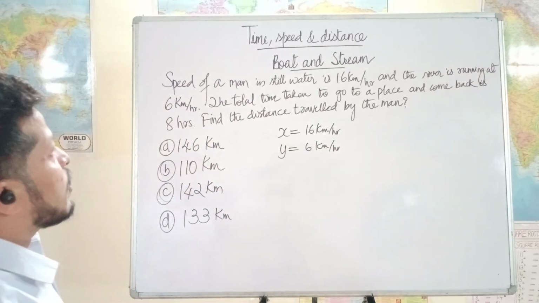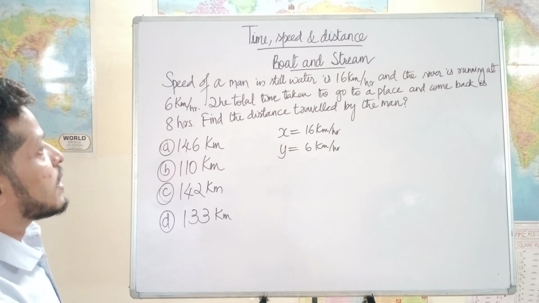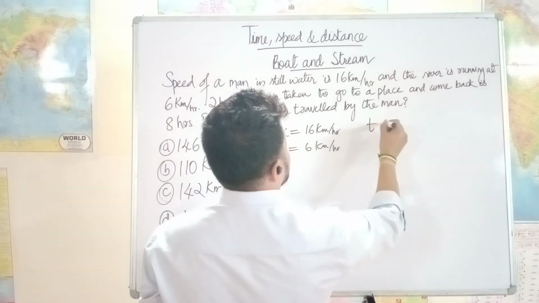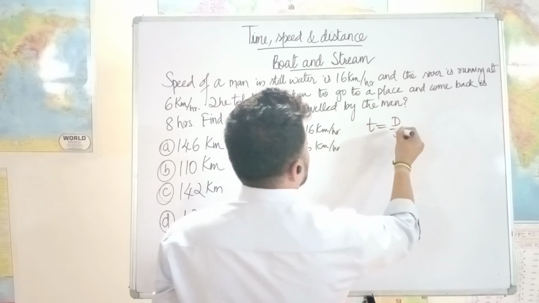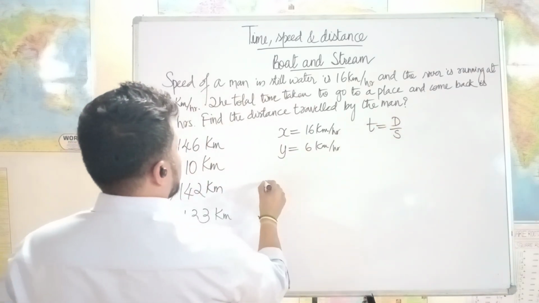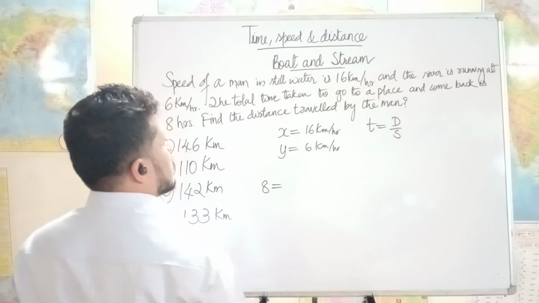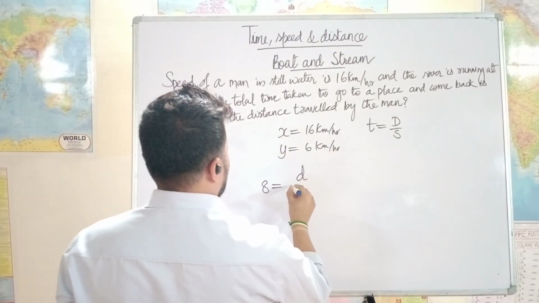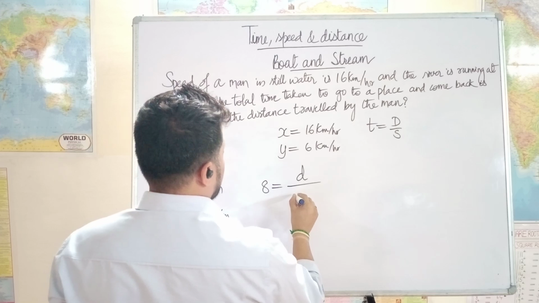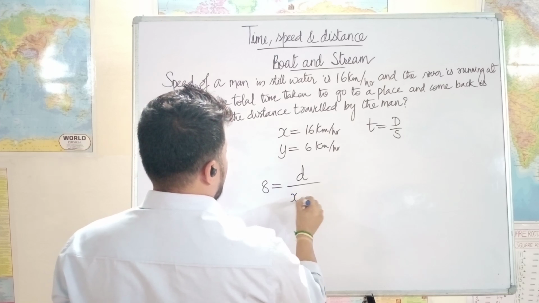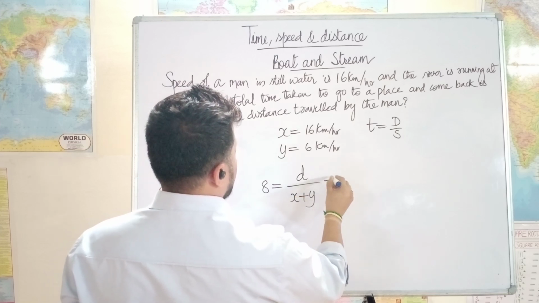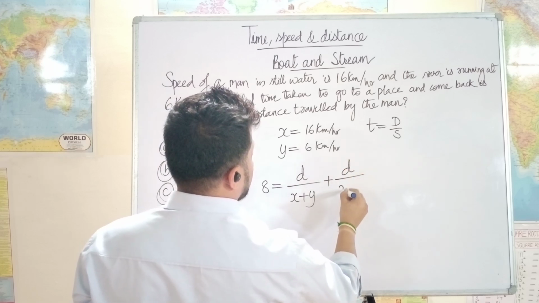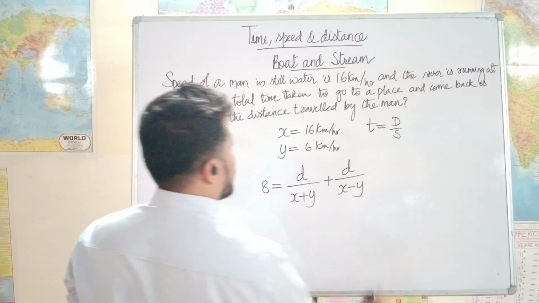Now the total time taken to go to a place and come back is 8 hours. So time is equal to distance by speed. So the time 8 is equal to, let's assume the distance is d. So d, he goes downstream. Downstream is x plus y, plus the time taken to come upstream, d by x minus y.